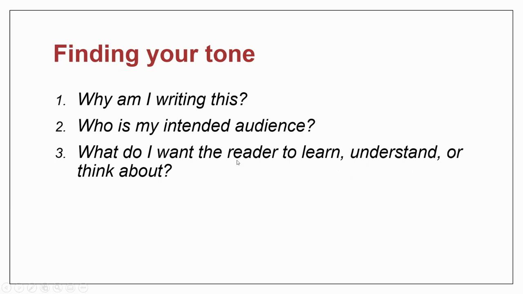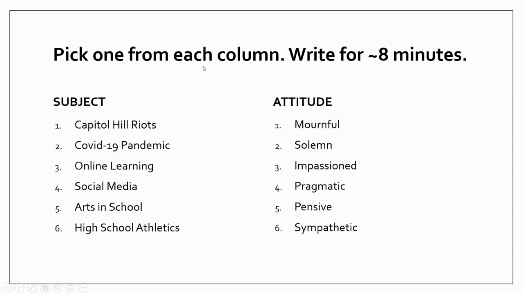So we're going to practice this. And I actually want you to do this. I want you to pick a subject and an attitude from each column, and you get to pick 1, 2, 3, 4, 5, or 6. If we were in class, I'd make you roll a dice, and that would be your subject and your attitude. But choose one. So, like, I'm going to pick social media and mournful.